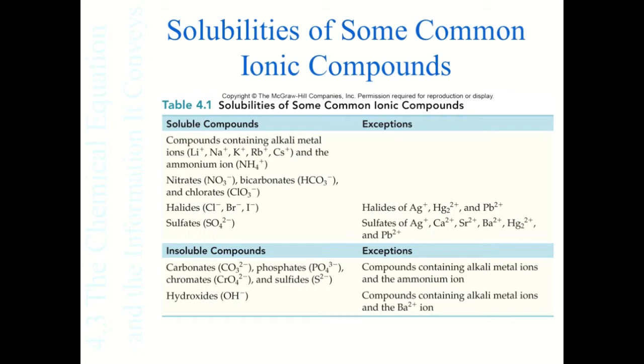You guys need to understand how to use this chart because it will be given to you on a test, and you will need to understand how to predict whether a solid product will form when you put 2 solutions together.